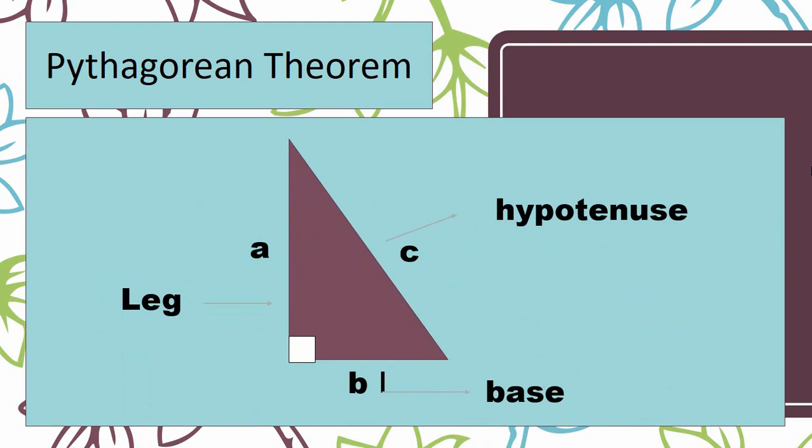So we have the parts of a right triangle. We have here A, B, C. These are the sides of a right triangle. The perpendicular part is the leg, and this is the base, and the longest side of a right triangle is called the hypotenuse.